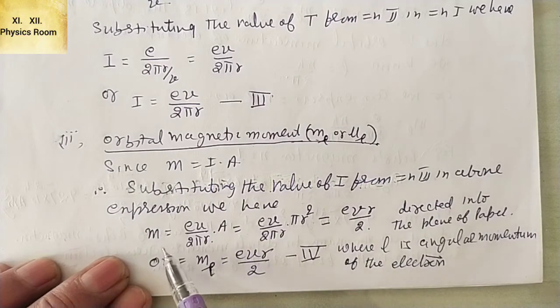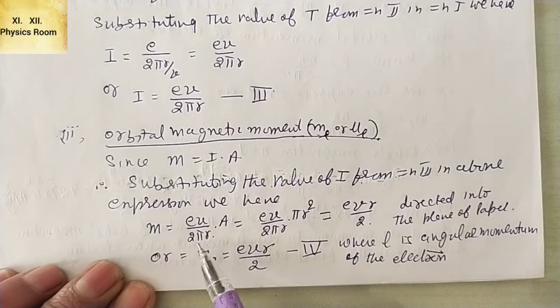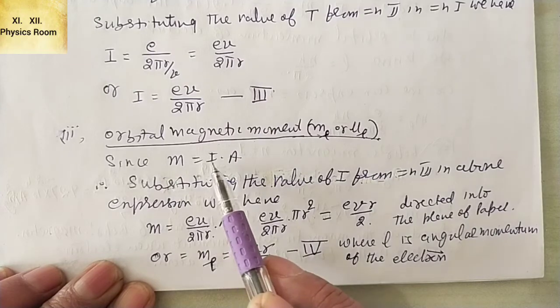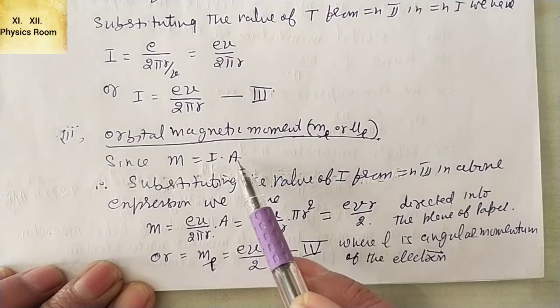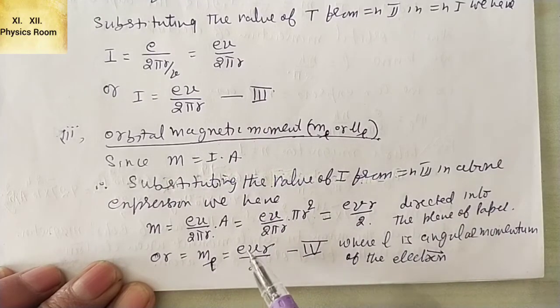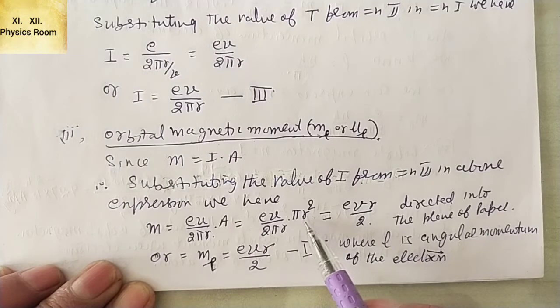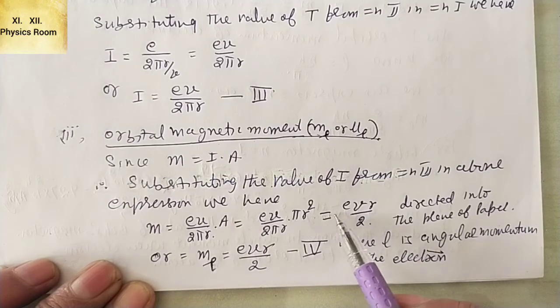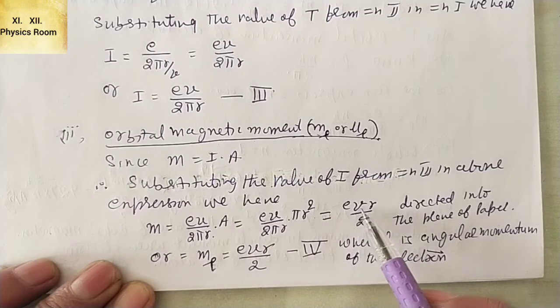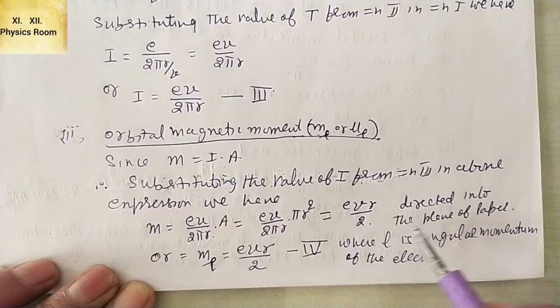We have m is equal to ev by 2 pi r, value of I, into A. We substitute the value of A as pi r square, and on simplification we get it is equal to evr by 2 and directed into the plane of paper.